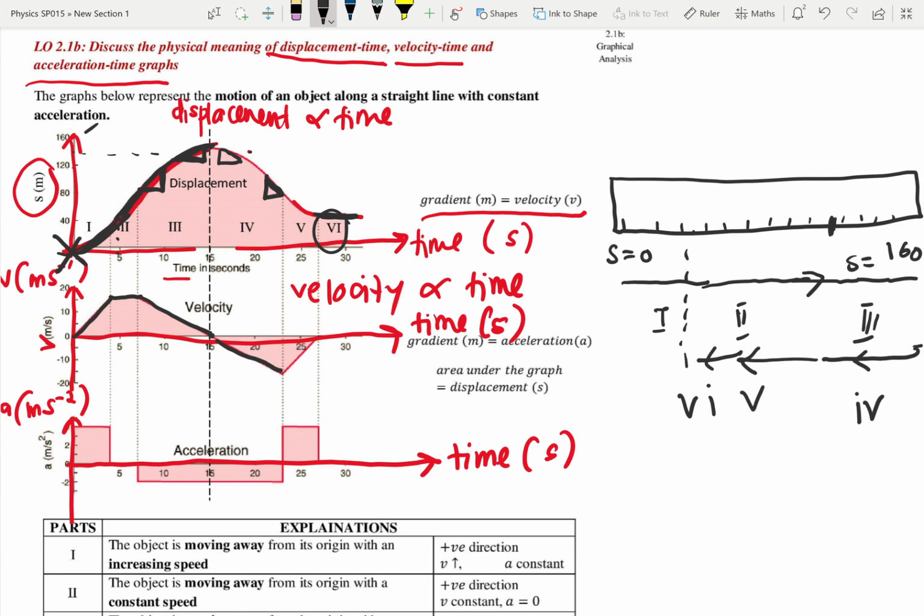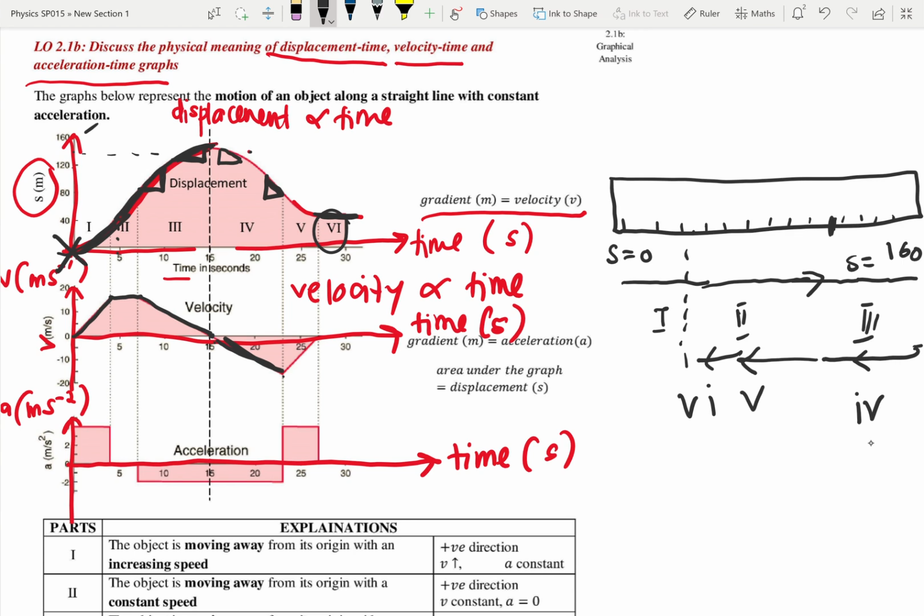Look at this area. This is part 4. So velocity here is from 0 to 20. That means it is increasing the speed, but negative 20 means it moves in the opposite direction.